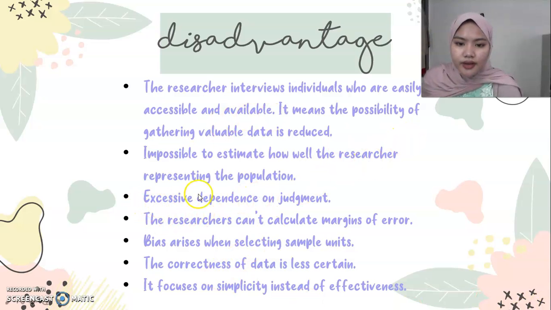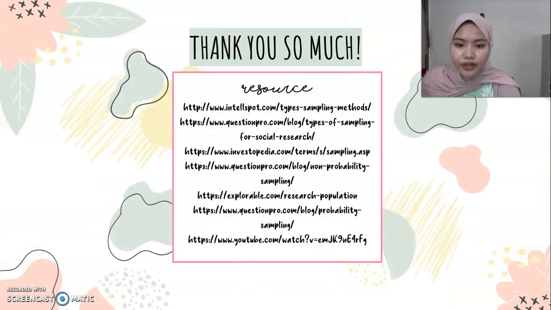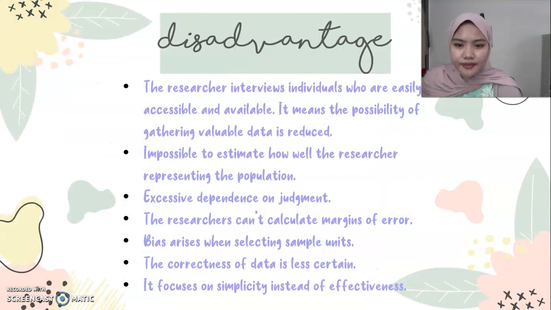And then, excessive dependence on judgment. The researchers cannot calculate the margin of error. Bias arises when selecting sample units. The correctness of data is less certain and it is focused on simplicity instead of effectiveness.